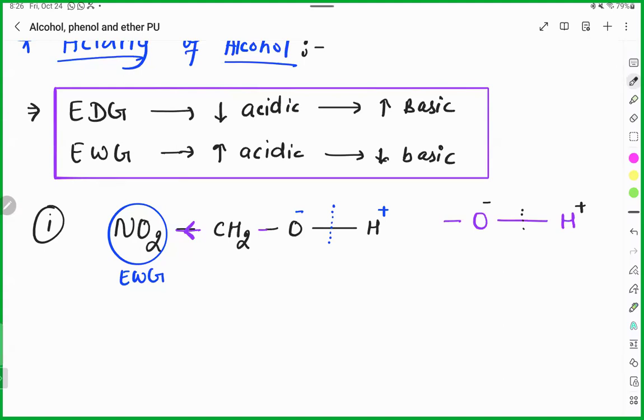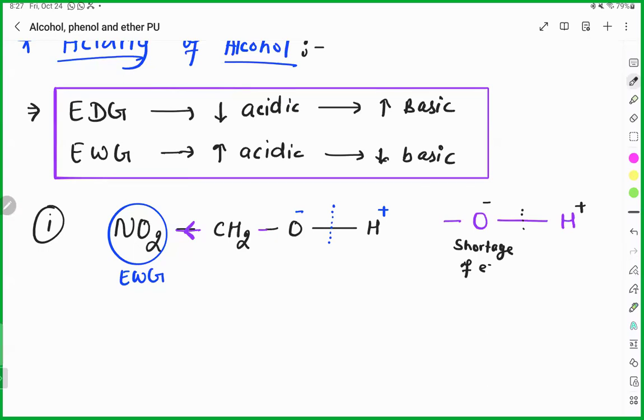No, sir. Okay. So if this oxygen has a shortage of electron, for example NO2 is withdrawing electron from the carbon and then the oxygen, what will happen?